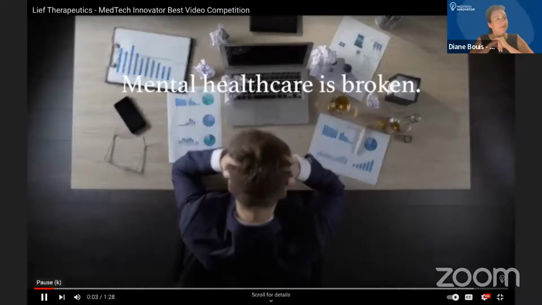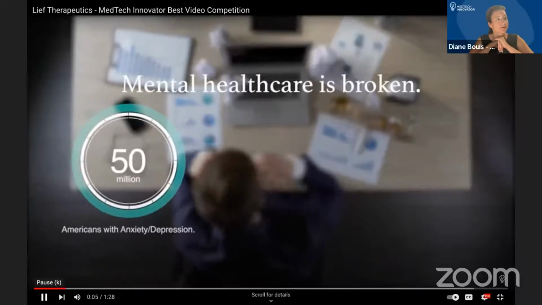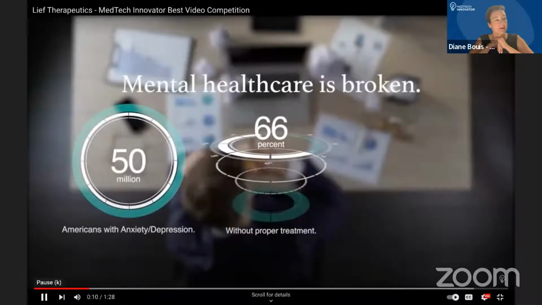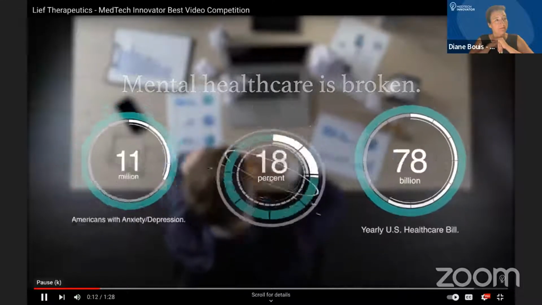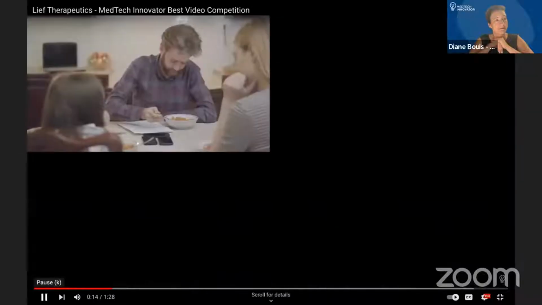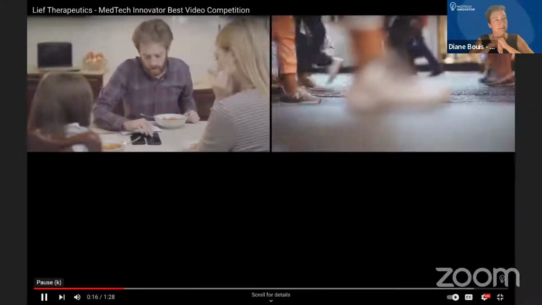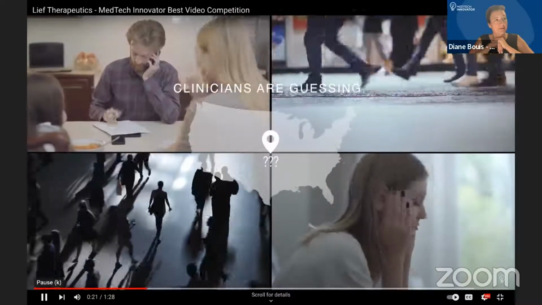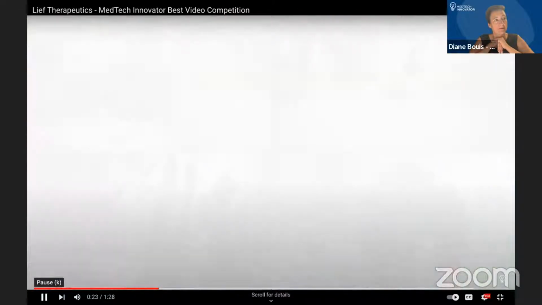Mental health care is broken. 50 million Americans have anxiety or depression, but 2 out of 3 receive no treatment, costing human lives and hundreds of billions of dollars. There aren't enough mental health providers in the country to treat the scale of the problem. And with no objective biomarkers for mental health, it's hard to know who needs help.